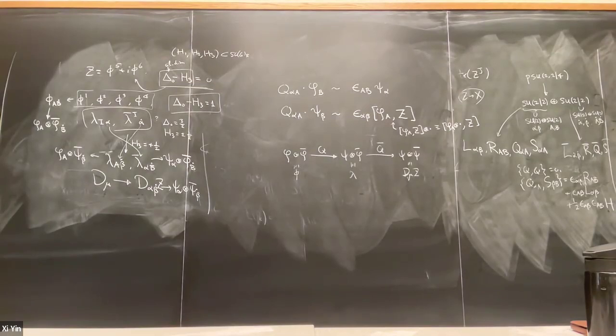It's the difference that is preserved. But delta 0 is not an element of the algebra. How can it be preserved? No. What are you talking about? I'm just saying that Q has H3 equals 1/2 and delta 0 equals 1/2. Oh, I see. So that's trivially true. Right? Any other questions?